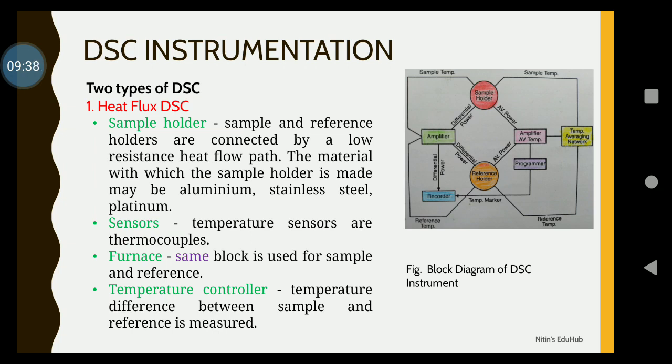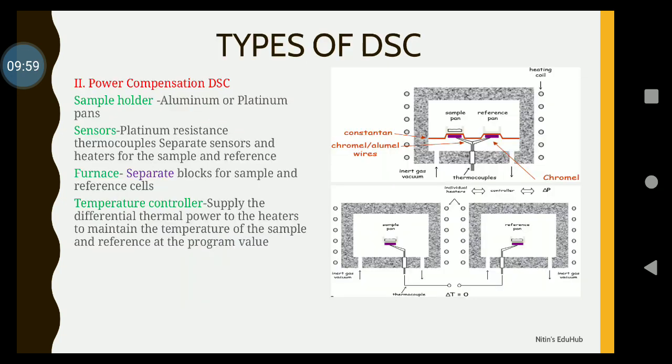The average temperature control circuit mostly consists of the temperature which is already set by the programmer. But opposite to that, the differential temperature control circuit depends on the signal produced by the change in delta H or the change in energy of the respective system by the sample or the reference.